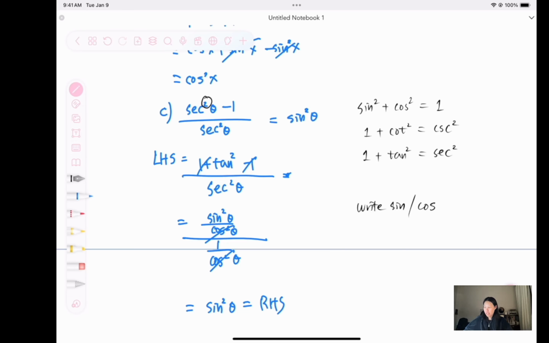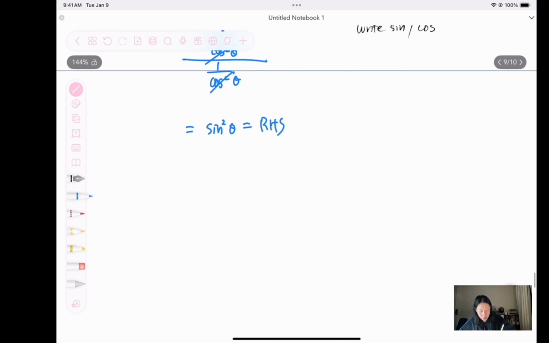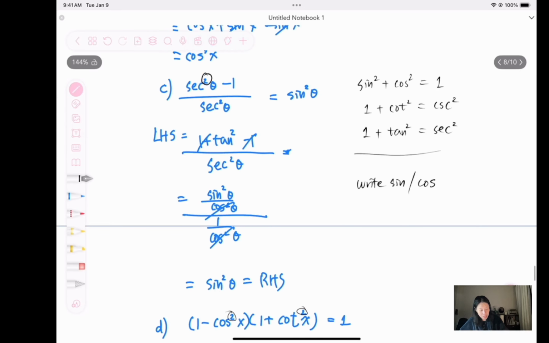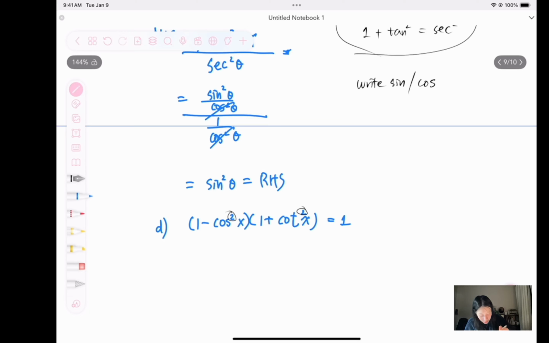Okay, another example. 1 minus cosine squared x times 1 plus cotangent squared equals 1. Again, when you see the square, the first thing you need to think about is these three Pythagorean identities. It must be related to that. Okay, 1, we write it as sine squared plus cosine squared minus cosine squared. 1 plus cotangent squared is equal to cosecant squared.